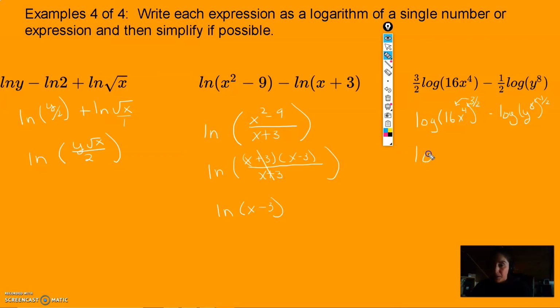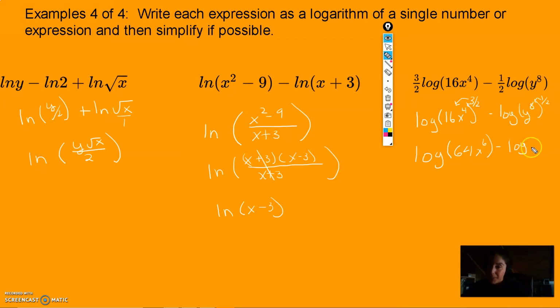So the 3/2 power of 16, we'll take the square root first, that's 4, and then raise it to the 3rd power. So that'll be 64. And then x to the 4th times 3/2, so 4 times 3/2, this will be 12 over 2, which is better known as 6. Minus log y to the 8th.